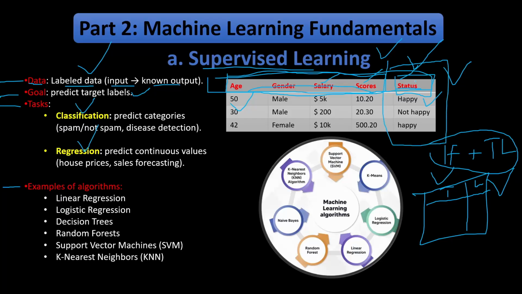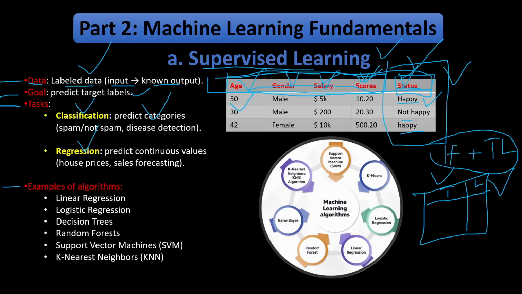If in your target column you are going to predict categories, classes, groups, or labels such as happy, not happy, 0, 1, yes, no, ham, spam, then it is called a classification problem, because based on the input features you are going to predict categories or labels. But let's say in the same data we are going to predict scores. Now here score is the target column instead of status.